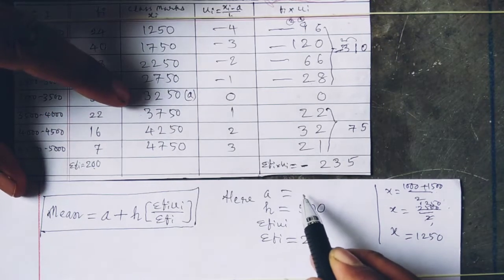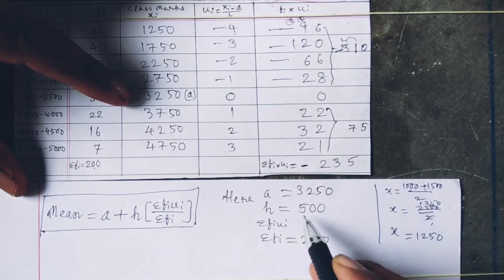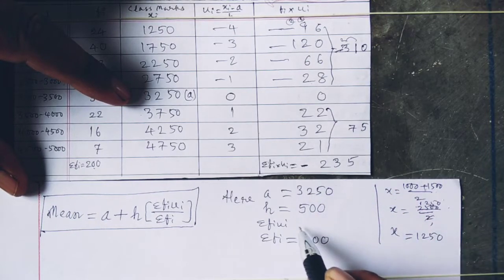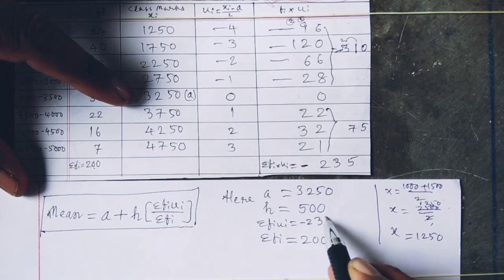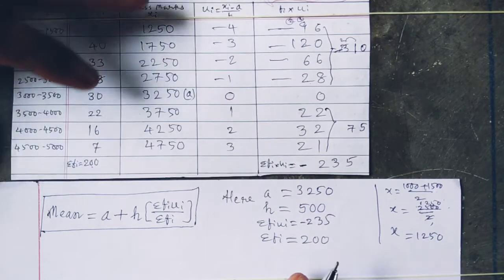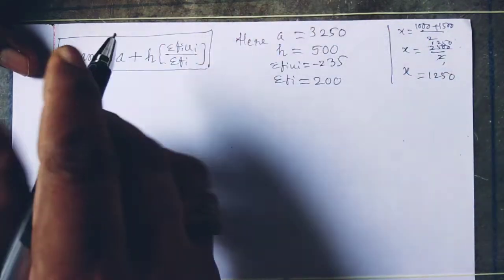So we have all the values. a is equal to 3250, and now we got sigma fi ui as minus 235. Now substituting these values in this formula, we can get the mean.